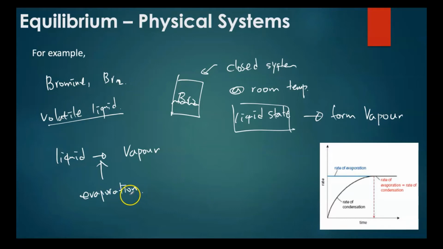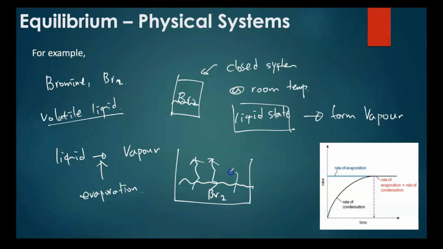When evaporation happens in an open system with Br2 liquid, the molecules are going to escape, and they're probably going to escape the container too. However, in a closed system, they evaporate, but at the same time they collide.